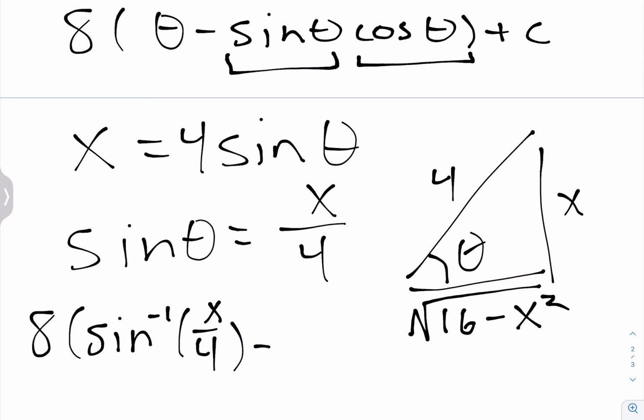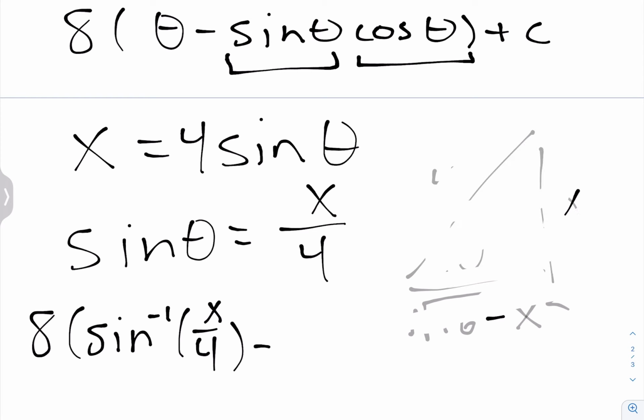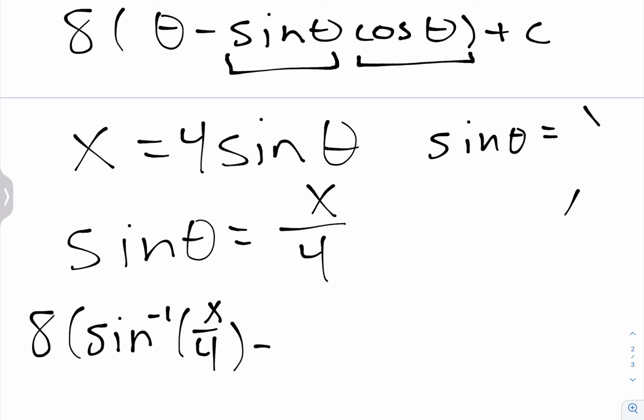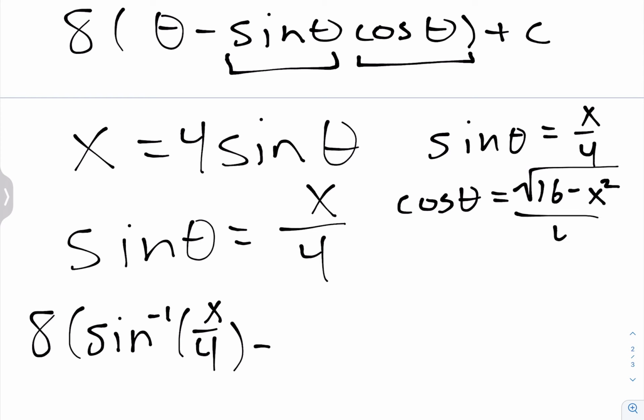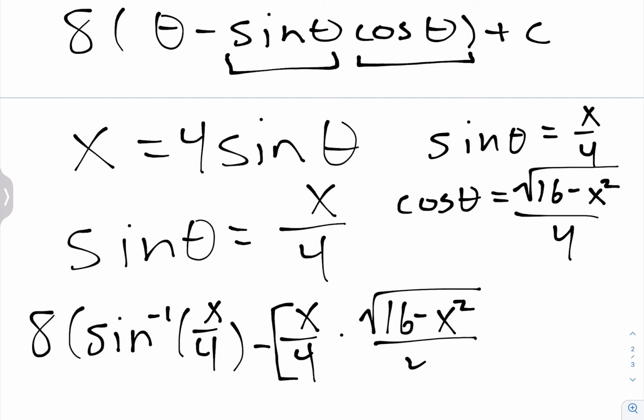So we know sine theta is x over 4. And we know cos theta is going to be square root of 16 minus x squared over 4. So it's going to be minus sine theta, which is x over 4, times root 16 minus x squared over 4.